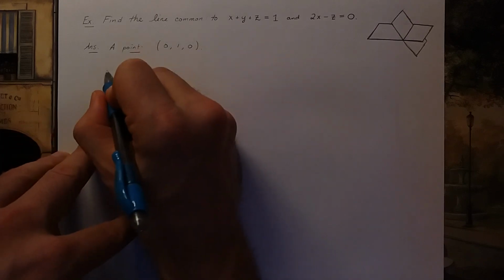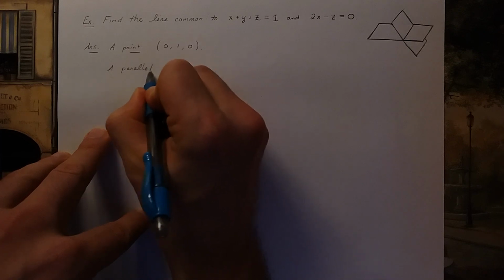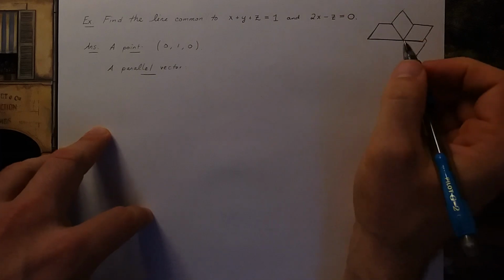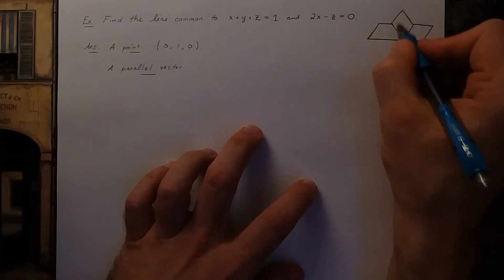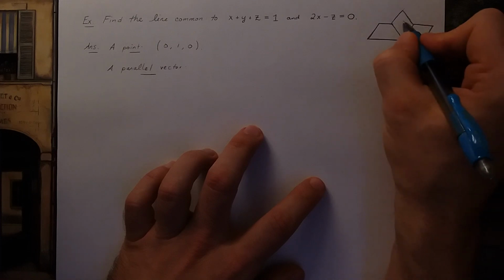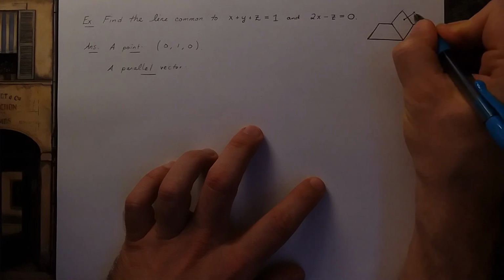Next, I need a parallel vector to the line. So let's look at this picture over here. I have two planes. Planes are described by a point on the plane and a perpendicular vector.